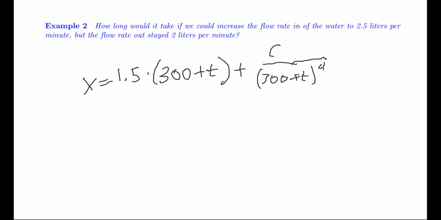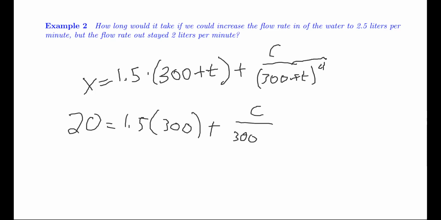And once we solve that, our initial condition was 20 grams of pollutant at time t equals 0. So 20 is equal to 1.5 times 300 plus C over 300 plus 0 raised to the fourth. Plugging all that in, we end up with C is equal to negative 430 times 300 raised to the fourth.